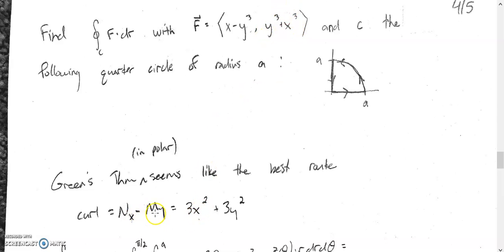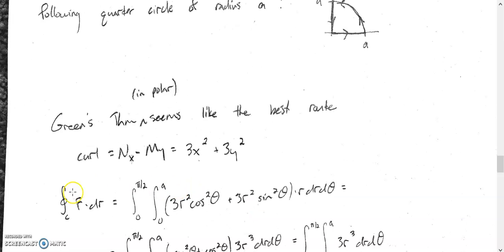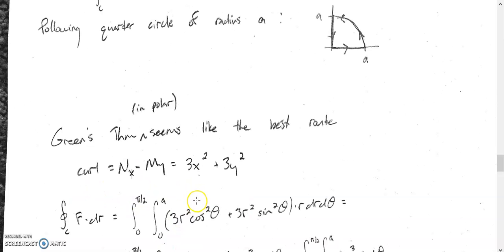My minus m sub y is this thing partialed with respect to y, which that goes away, and then this gives me a double negative, one from here, one from there, on a 3y squared. So my integral of F dotted with dr is, that region there is 0 to pi over 2, and then 0 to a.